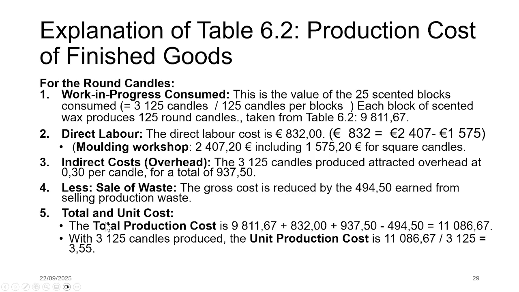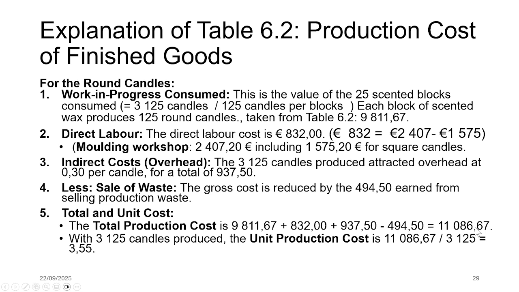We know that after production in the workshop, there's waste that can be sold, and the company earned 494 euro and 50 cents from selling production waste. That's the reason why the total production cost should be the sum of all of the costs less the sale of waste.